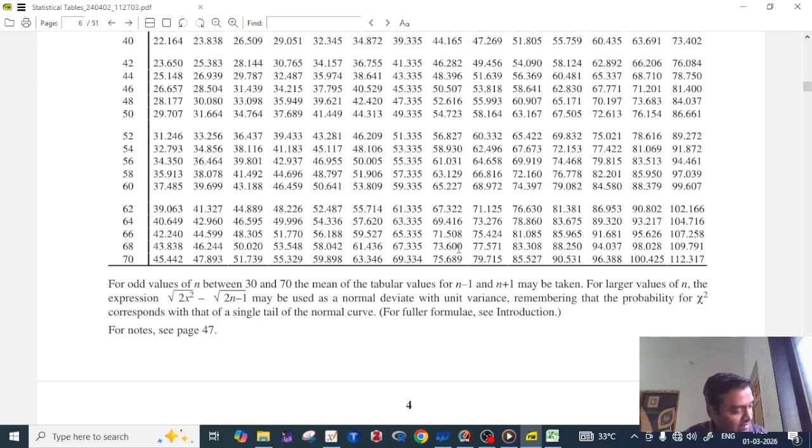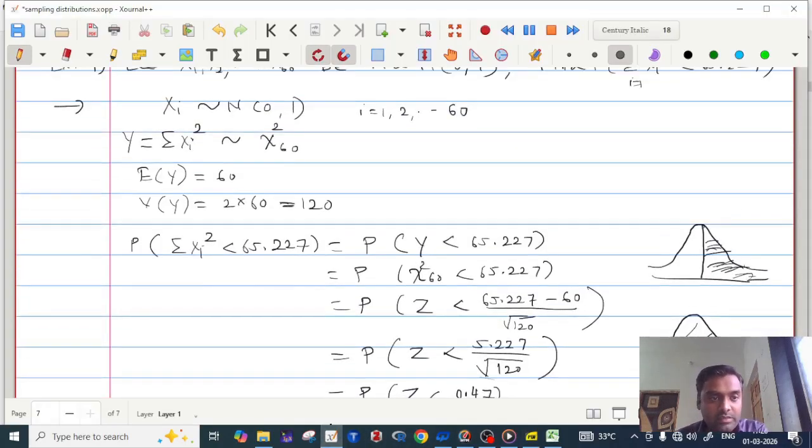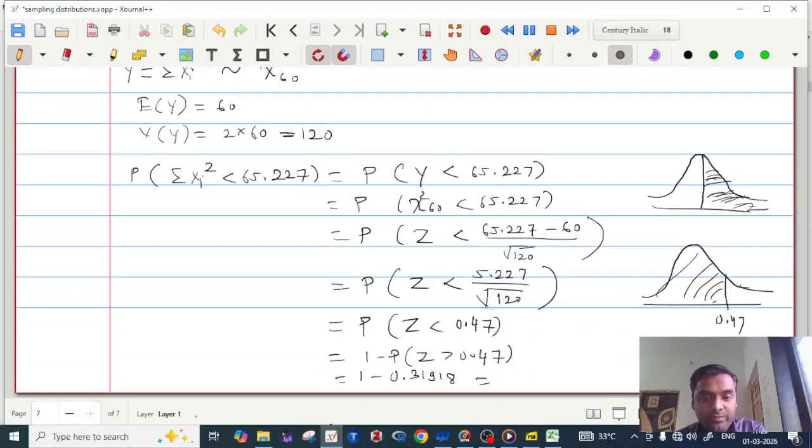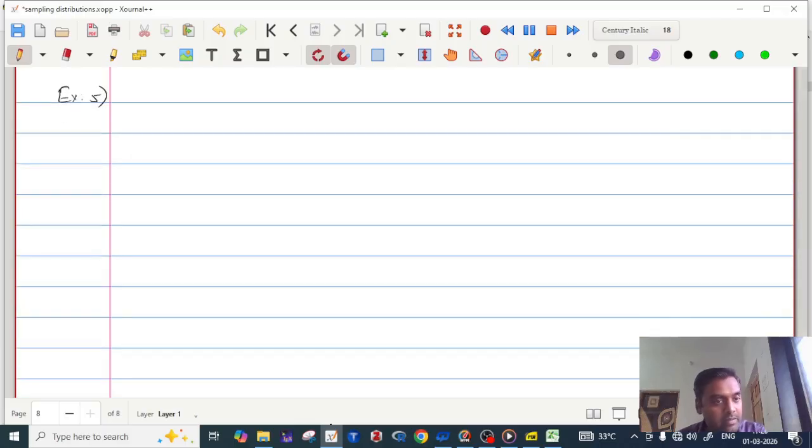Okay. Let's take one example of Fisher approximation. Example number 5.